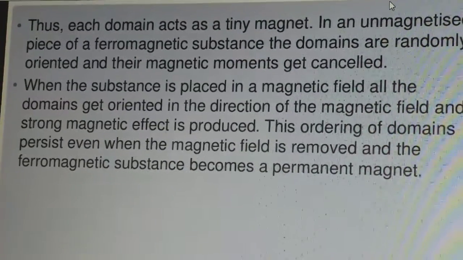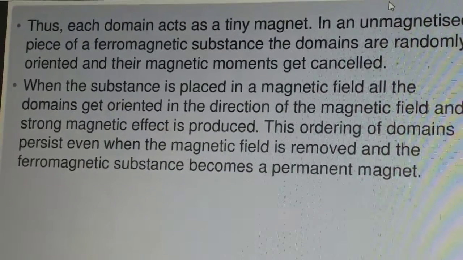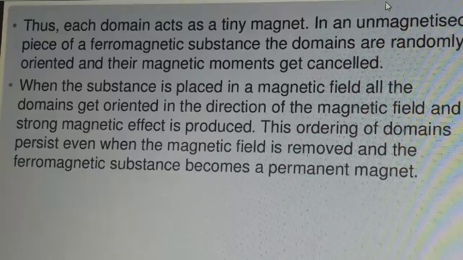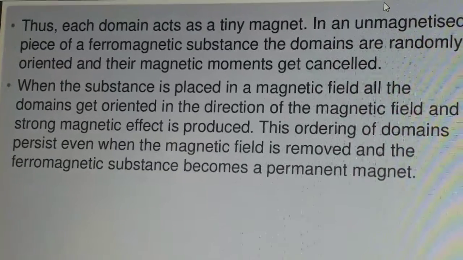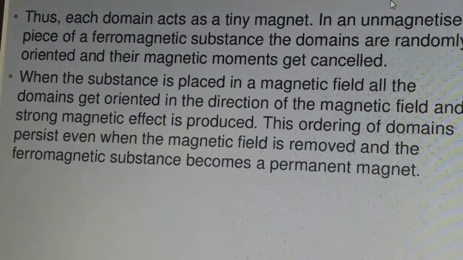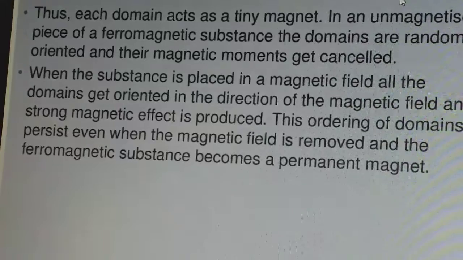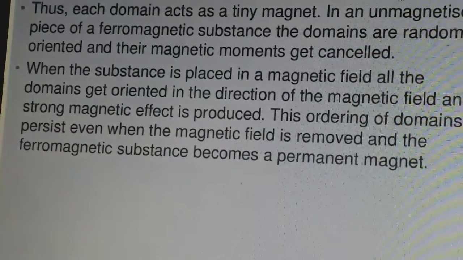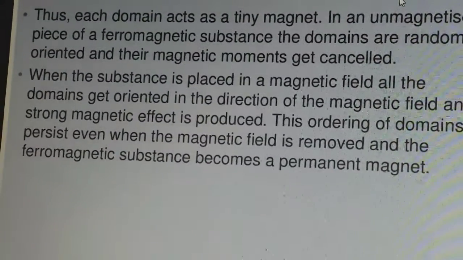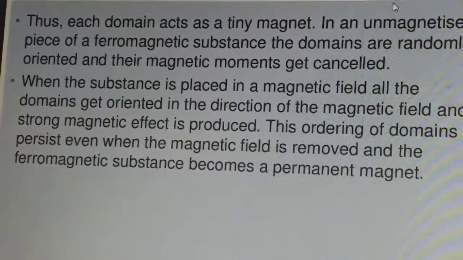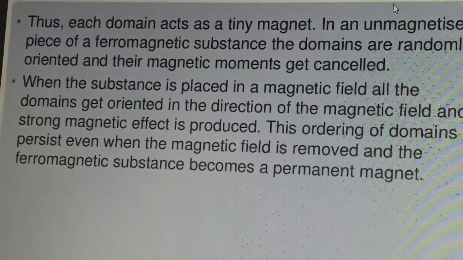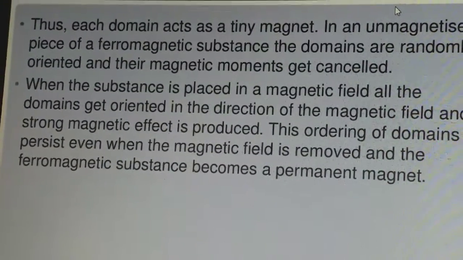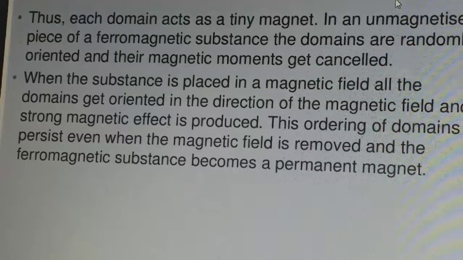Once it is magnetized, it never loses its magnetic character. The domains persist even when the external magnetic field is removed, so they remain permanently magnetized. Ferromagnetic materials are used in magnetic tapes in audio recording.